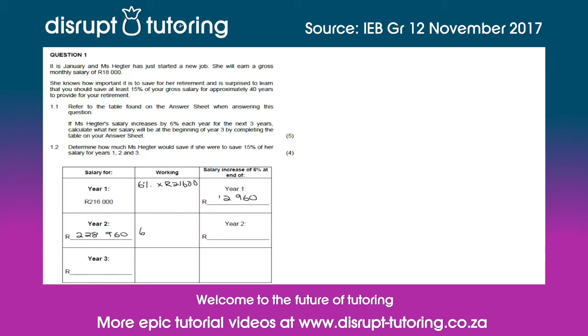She's going to get another 6%, so it's 6% times by the new calculated number, so that would be R228,960.